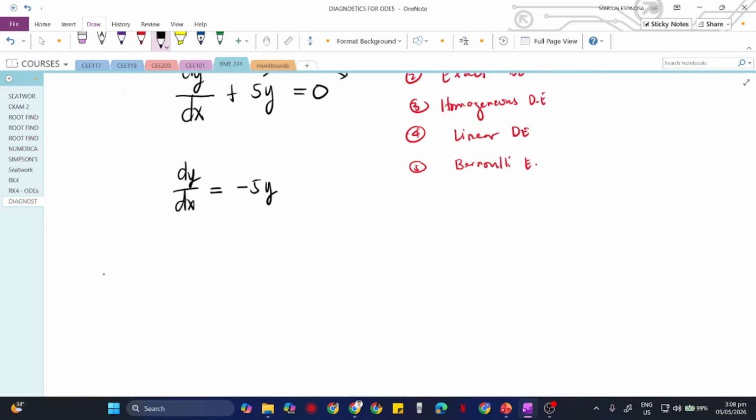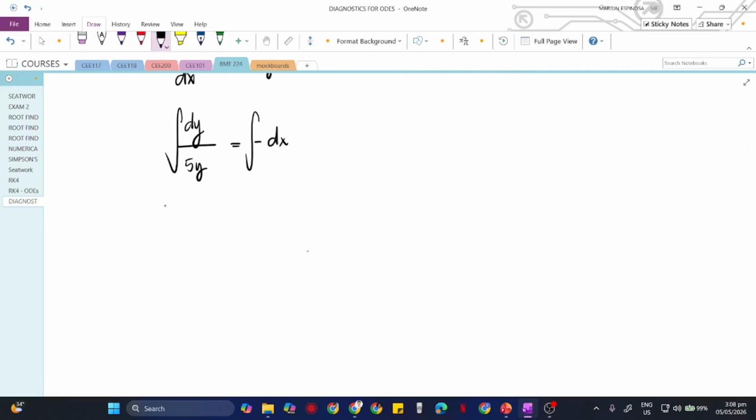So we have dy all over 5y, and we can cross multiply, equal to negative dx. Now the y and x are isolated, so we can proceed to take the integral of both sides.